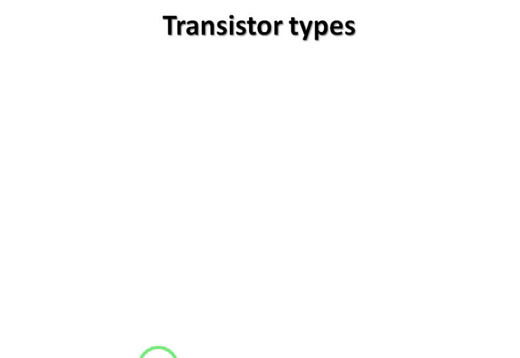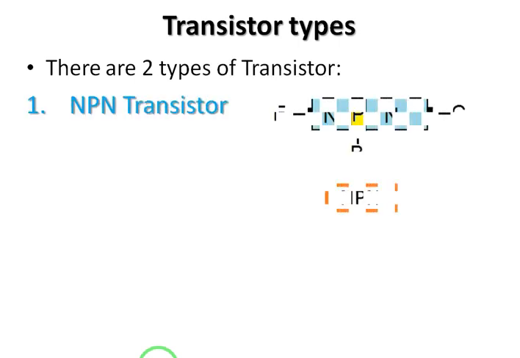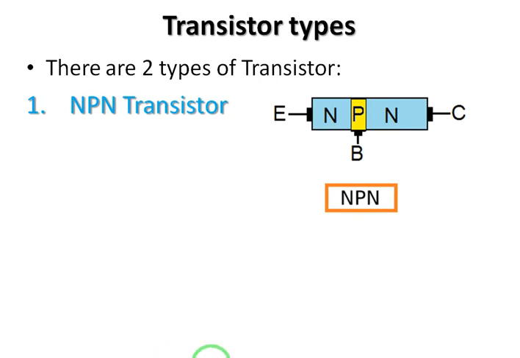Before that, just have a look at the previous part of our video. In the previous video we discussed the types of transistor: there are two types, NPN and PNP. In an NPN transistor, two N-type semiconductors are separated by a thin layer of P-type semiconductor.